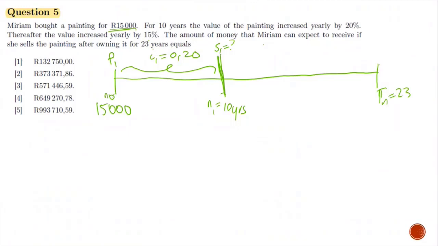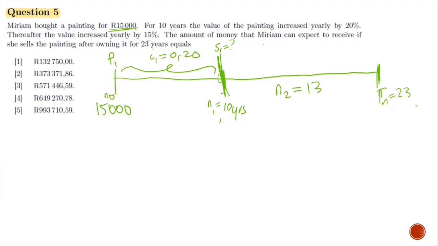That is the full period. But this part has run from this point to here, which is 23 minus 10. So your new period here is going to be equal to 13 years.